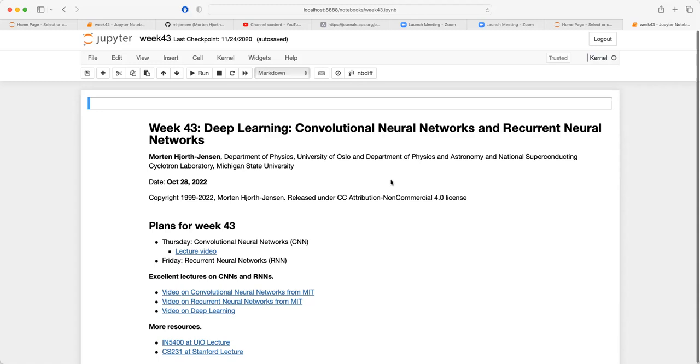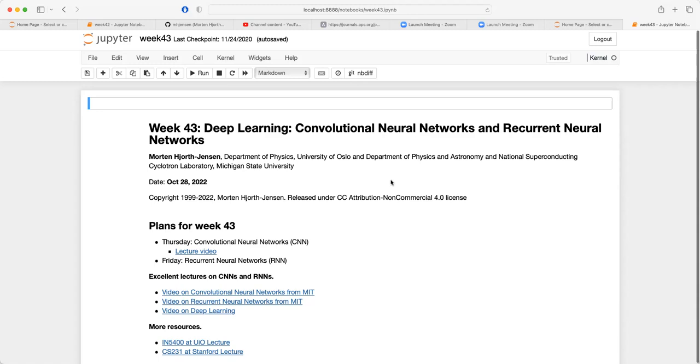So we are going to see how you can do these things. And again, we are just going to scratch the surface. I want to give you the overarching ideas and the overarching mathematics, but we are not going to have a project where you write code for a recurrent neural network or a convolutional neural network.